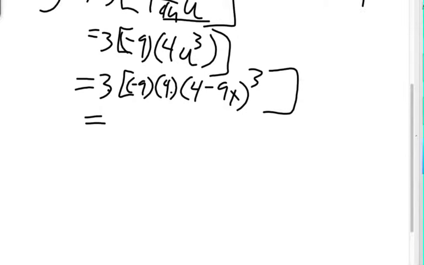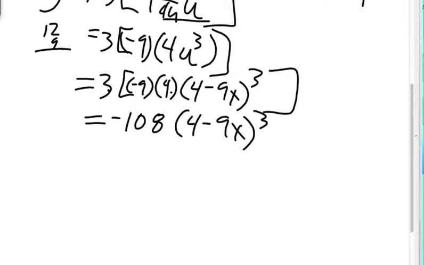So 3 times 4 is 12, times negative 9 is 108. So I've got a negative 108 times (4 minus 9x) cubed. And that is our derivative.